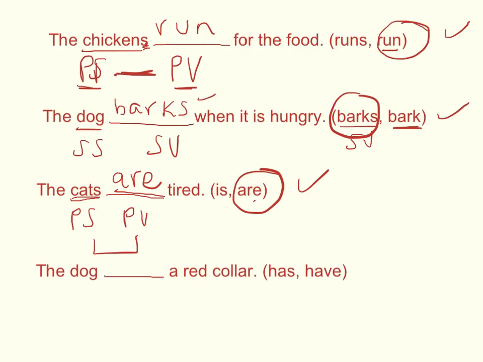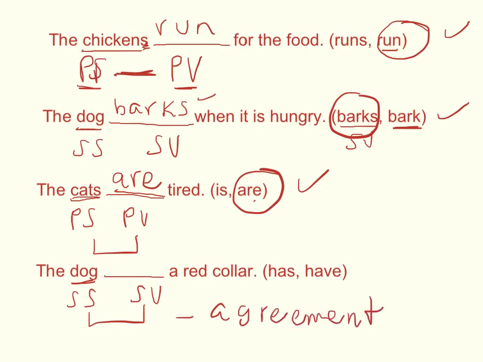And last sentence, the dog blank a red collar. Our subject is dog, and we know that that is a singular subject, so it must take a singular verb. And again, that is our subject-verb agreement. Singular subjects take singular verbs, plural subjects take plural verbs. Question is, is has a singular verb or is have a singular verb?